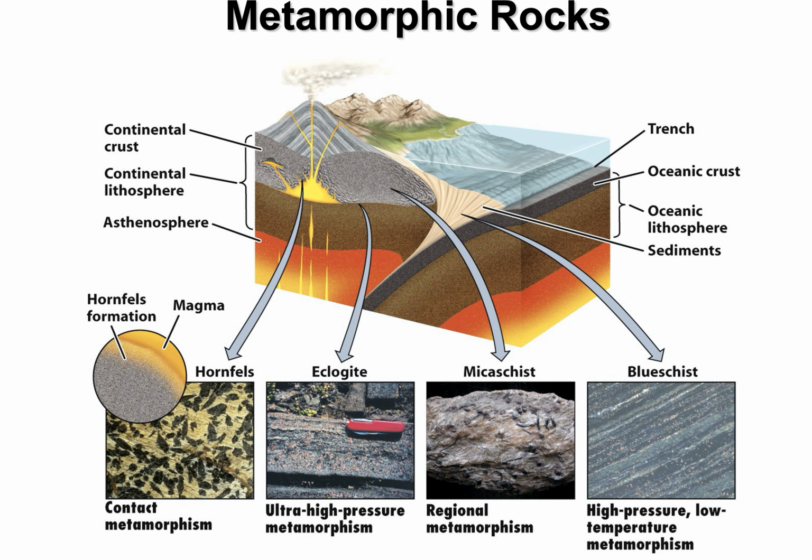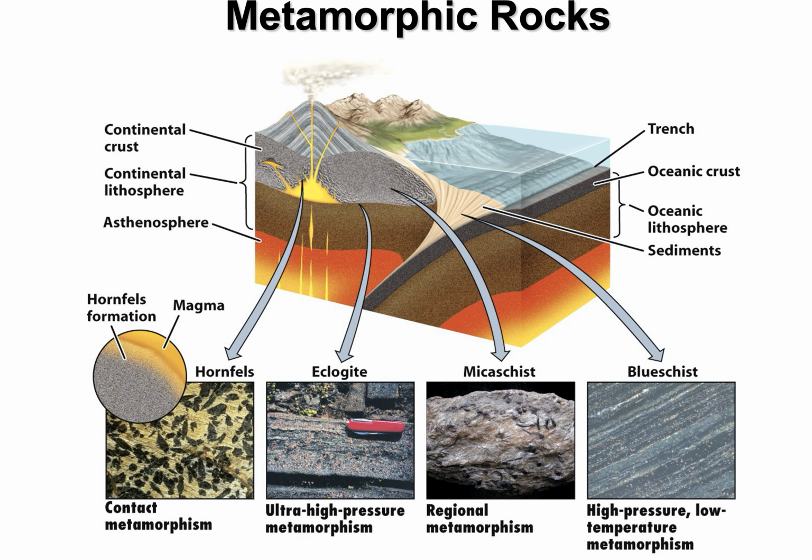Here, for example, we have the intrusion of magma, and therefore we are forming a contact metamorphic rock. Contact metamorphic rock means we have just the emplacement of magma somewhere, and then we are heating up the surrounding rock units.